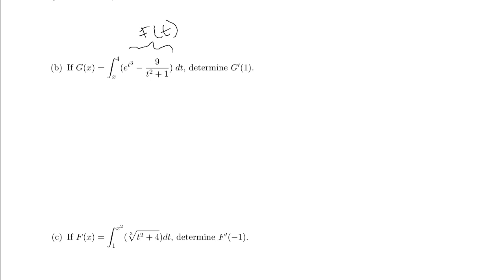So we need to rewrite this with 4 on the bottom and x on the top. We want to switch the bounds, but remember, if we switch the bounds, we need to change the sign. So it's going to be negative the integral from 4 to x. This comes from our properties of the integral. And again, our f of t function doesn't change, so it's still e to the t cubed minus 9 over t squared plus 1.